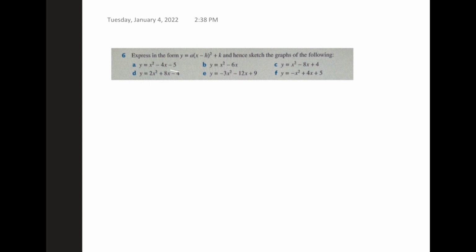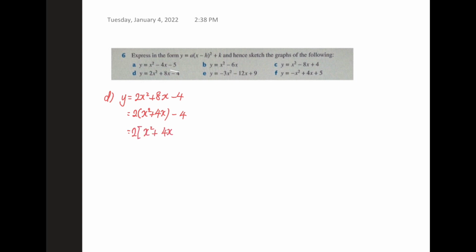Question D. So we have y equal to 2x squared plus 8x minus 4. To start completing the square, we take out the 2, factorize 2. So x squared plus 4x, minus 4, I just leave it. And then for the bracket, I have to do completing the square in this way. x squared plus 4x.